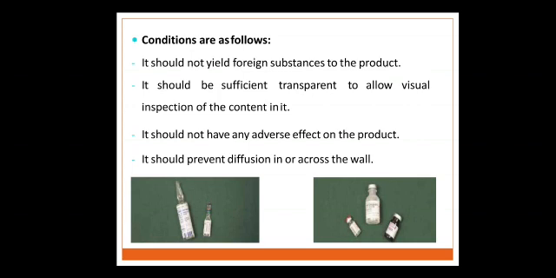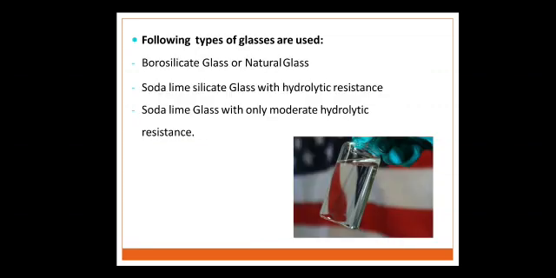First one, it should not yield foreign substances to the product. Second one, it should be sufficiently transparent to allow visual inspection of the content in it. Third, it should not have any adverse effect on the product. Fourth one, it should prevent diffusion in or across the walls.